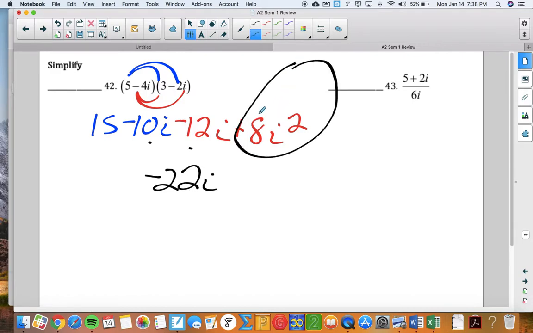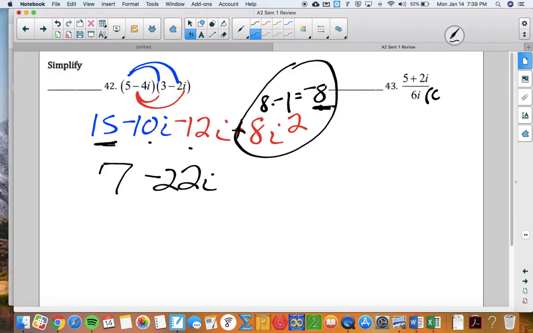This, remember, is a positive 8. It's a plus sign right there. But i squared is negative 1, so it's the same as 8 times negative 1, which equals negative 8. So we're going to combine that negative 8 with the positive 15, which is 7. So the best answer is 7 minus 22i.